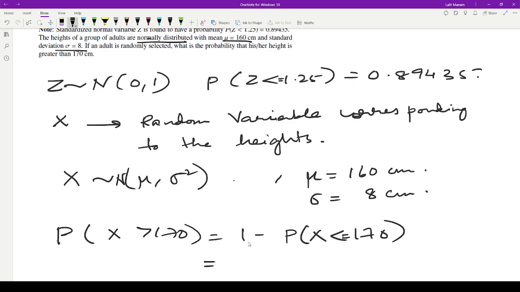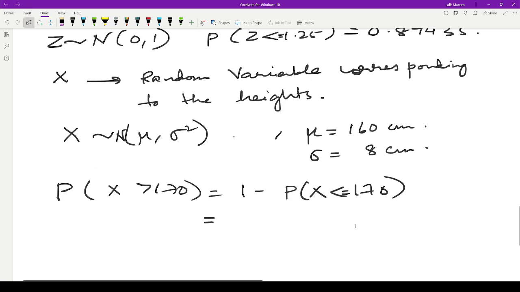Since we know that these two sets, X greater than 170 and X less than or equal to 170, are disjoint, those two will sum up to 1 since they cover the whole space. Okay. So now I'll just try to linearly shift it.